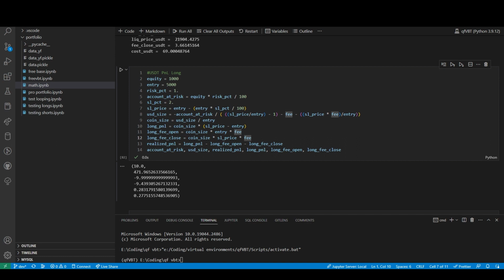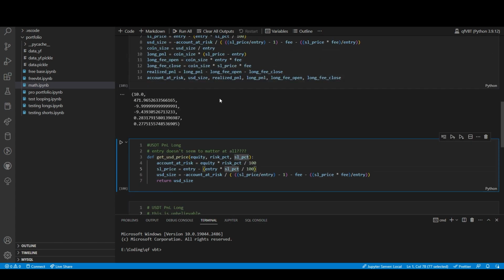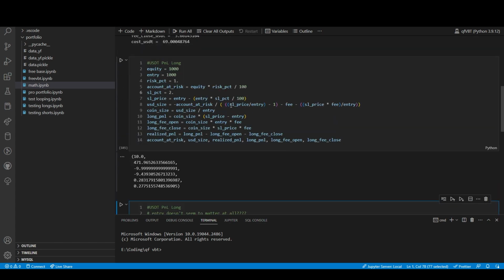I just ran into an issue though: if you need an average entry, then you might be a little bit screwed here because in order to get an average entry, you need the quantity. So, all right, I don't know where we left off, but I think I showed this. We got this.